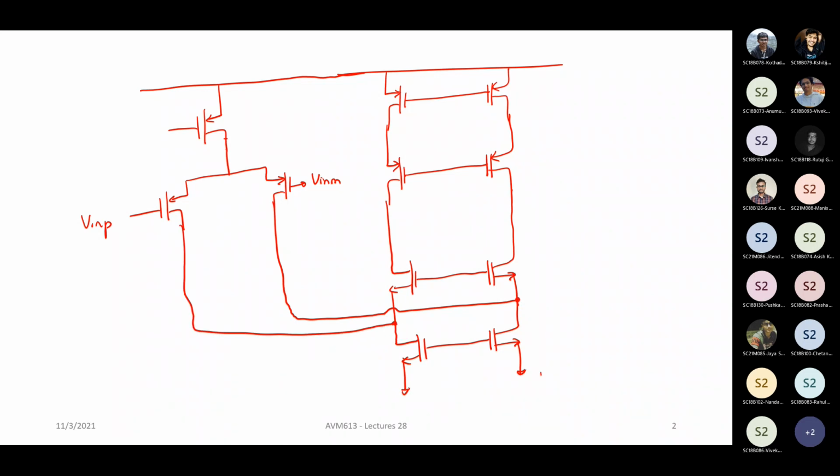Let us give some names: this is M0, M1, M2, and let's start from here: M3, M4, M5, M6, M7, M8, M9, and M10.